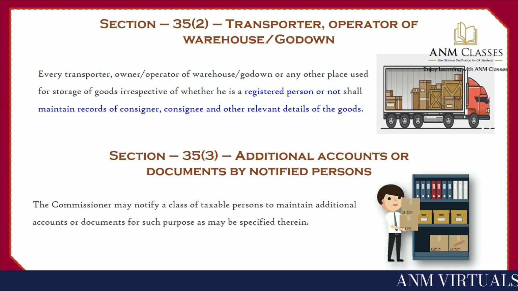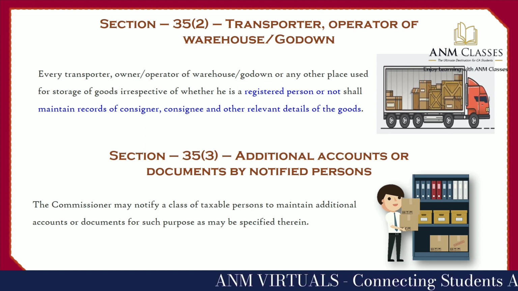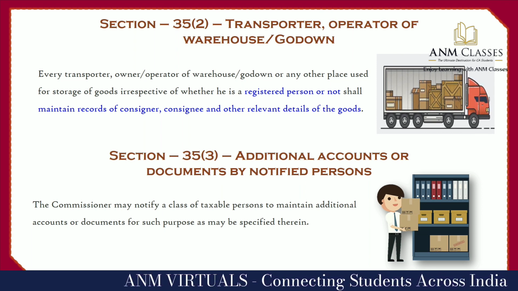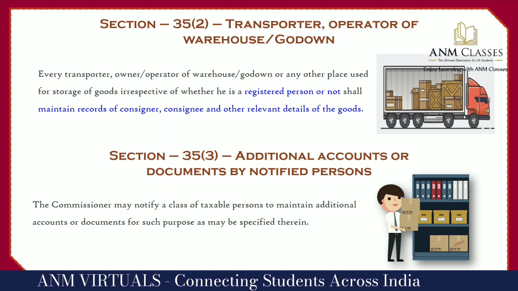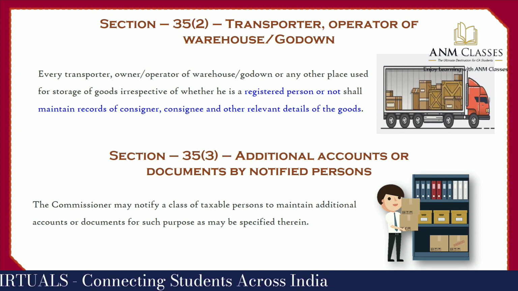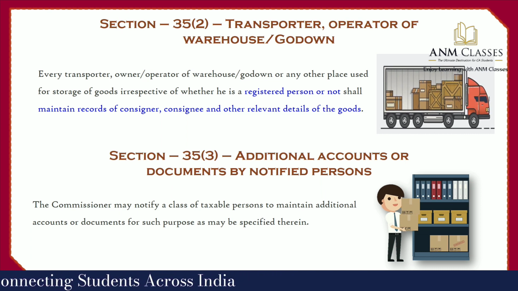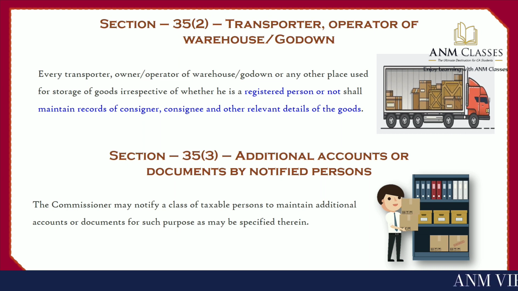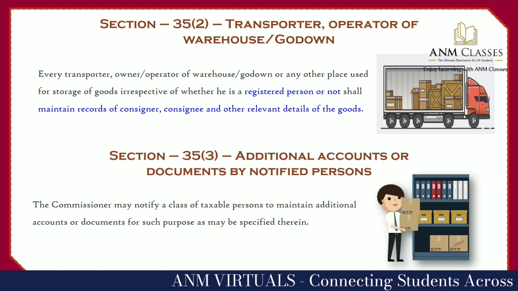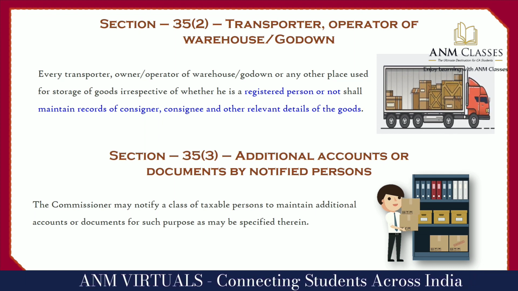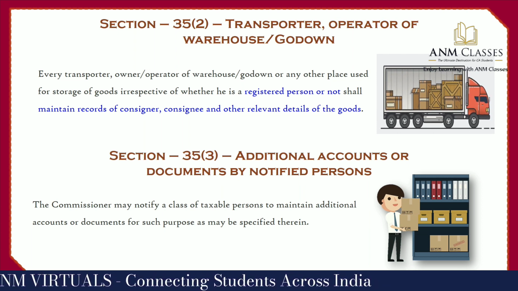Are you really with me? So GST Act is placing the responsibility in the head of the transporter, operator or warehouse keeper or godown person to maintain the books of accounts, because section 35 is general. 35 subsection 1 is list of accounts to be maintained and the place of accounts to be maintained. 35 subsection 2 is talking about special category of transporter, operator or owner or operator of warehouse or godown or any other place used for storage of goods, irrespective of whether he is a registered person or not, shall maintain records of consignor, consignee or other relevant details of the goods.